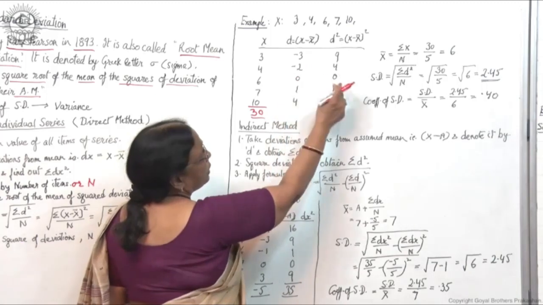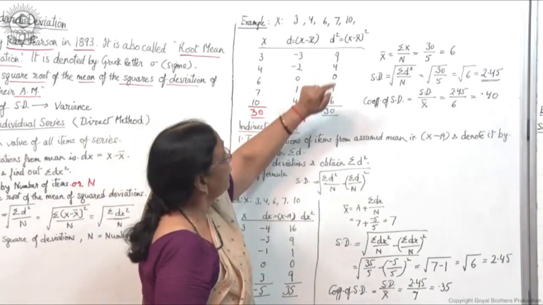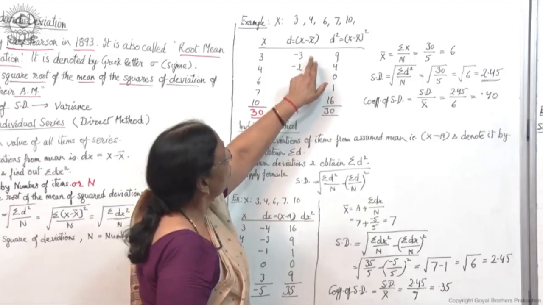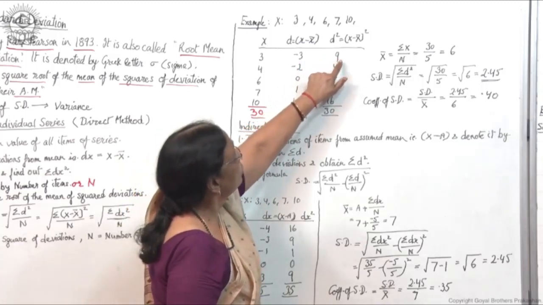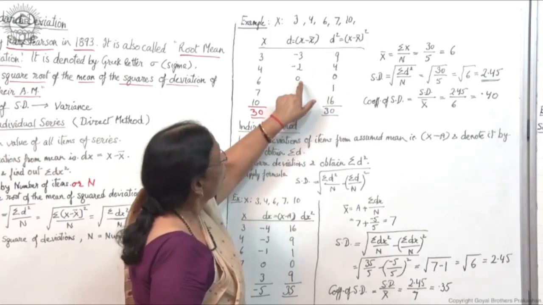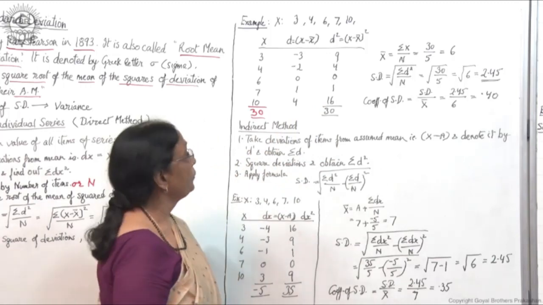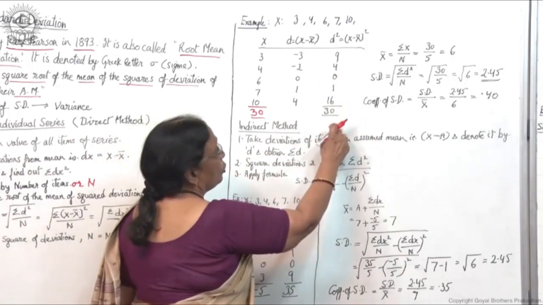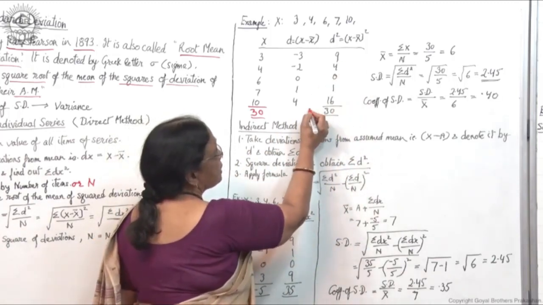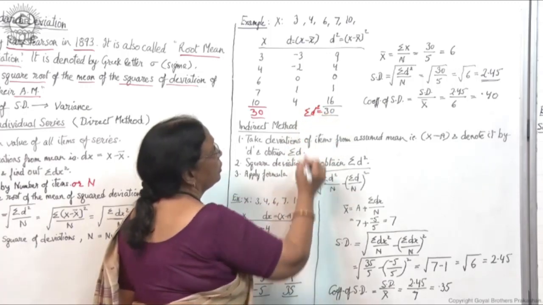Minus 3 into minus 3 is 9, minus 2 into minus 2 is 4, 0, 1, and 4 into 4 is 16. Do the total of this, and this is sigma d square, equal to 30.